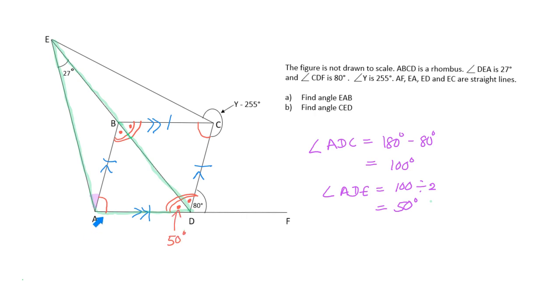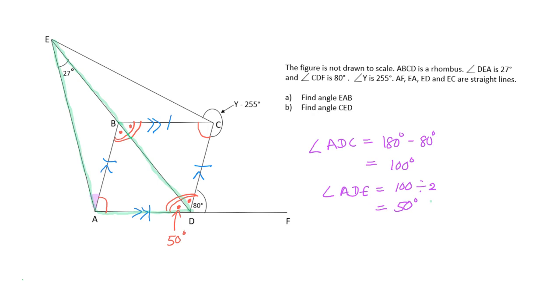Okay, next we need to find angle BAD. If you look at angle BAD, we can see that it is one angle out of two angles which are between two parallel lines. Sum of angles between parallel lines is equal to 180 degrees.